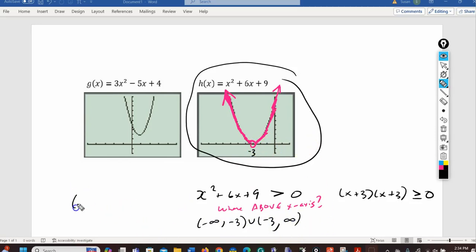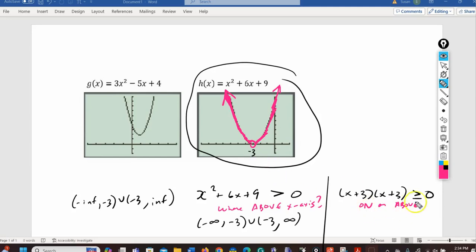So in web work, you would type that in, unless you're told specifically to type capital I for infinity. Right? Now what about this one? So this is what it would look like factored. Sometimes you get it in factored form. This is asking you, where is it on or above?